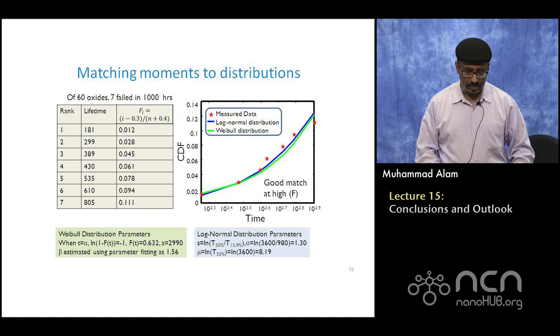Let's say you and your friend are having a debate. Your friend is saying that the data you collected from the experiment is best described by a Weibull distribution. If you don't know what a Weibull distribution is, that's okay, because in the lecture I discussed that in some detail, so do look over that.